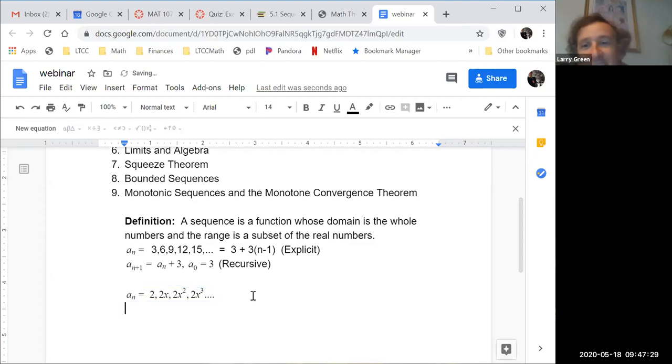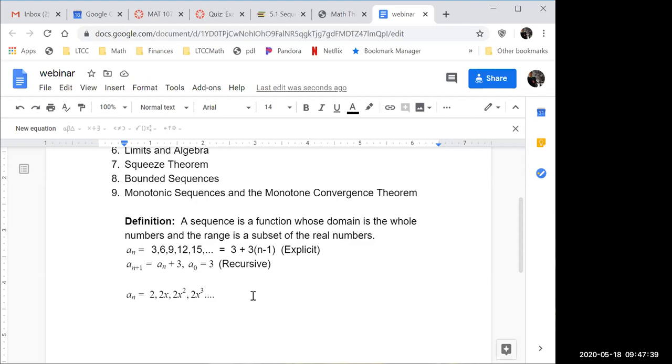This is going to answer your question right away. Are we only going to do arithmetic, or also geometric? Well, what do you think? Yes, this is geometric.